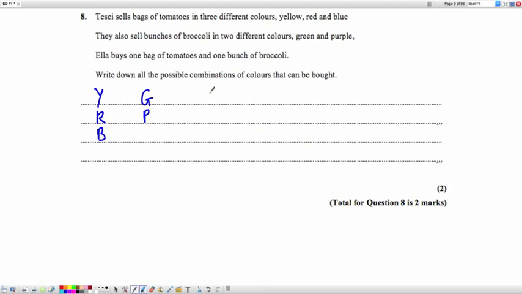So doing it systematically, we can have yellow and green, yellow and purple, red and green, red and purple, blue and green, and blue and purple. So these are the 6 different possible colour combinations that can be bought.